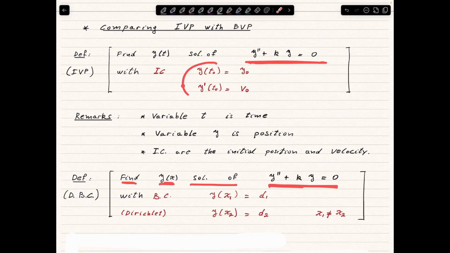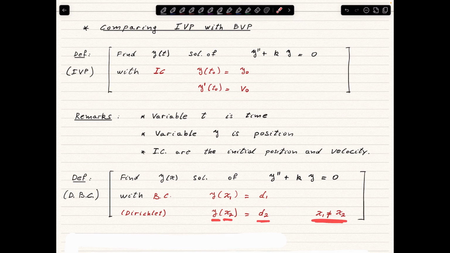What is different is the conditions we want that solution to satisfy, which now are of this form, and they look very similar. The first condition is that the value of the solution at some point of the independent variable is fixed, and then the value of the solution at a different point is also fixed. That is what we call Dirichlet boundary conditions.